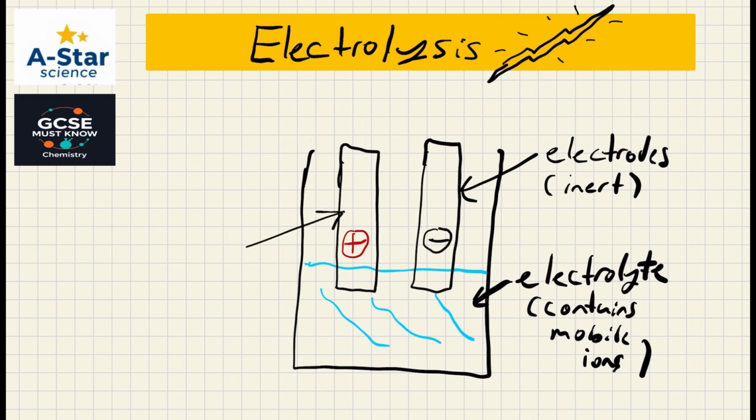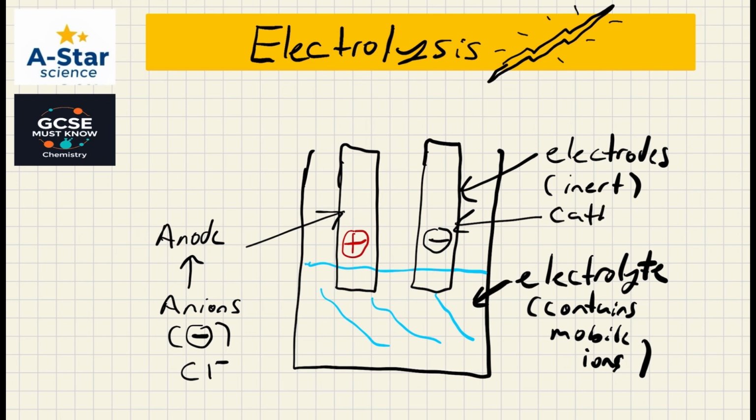The positively charged electrode we call the anode, and that's going to attract to it anions, which are negatively charged ions, such as, for example, chlorine minus. The negative electrode we call the cathode, and that, of course, is going to attract to it positively charged cations, which are metal ions, and they're positively charged, such as, for example, sodium plus.